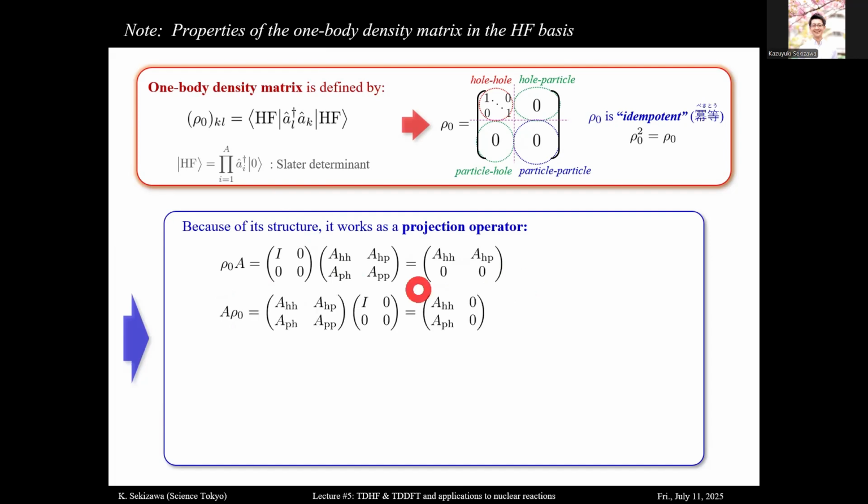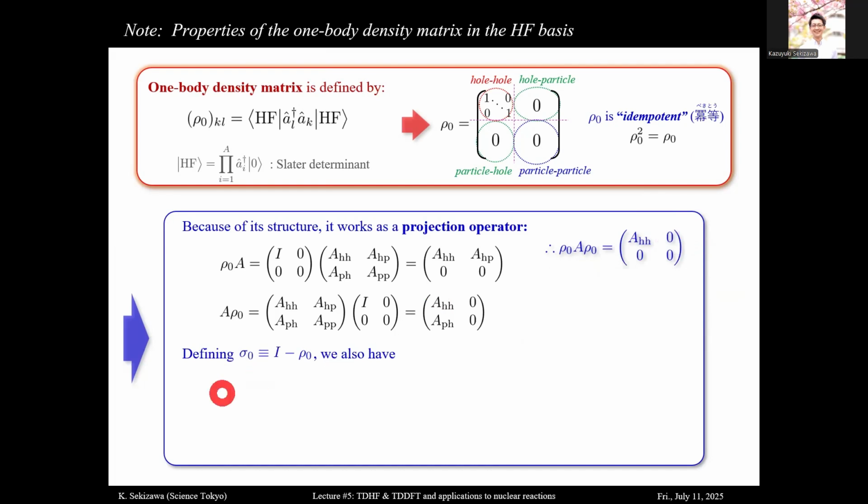And if you operate this density matrix from the right-hand side of A, then you get 0 in the right-hand column here. So if you put density matrices on both sides, you get the whole component.